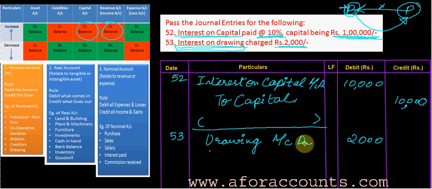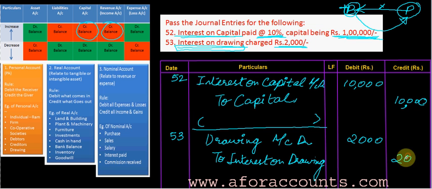So drawing account debit to interest on drawing. Interest on drawing is an income for the business, so it has to be credited because whenever a revenue or an income is generated or increased, it has always to be credited.